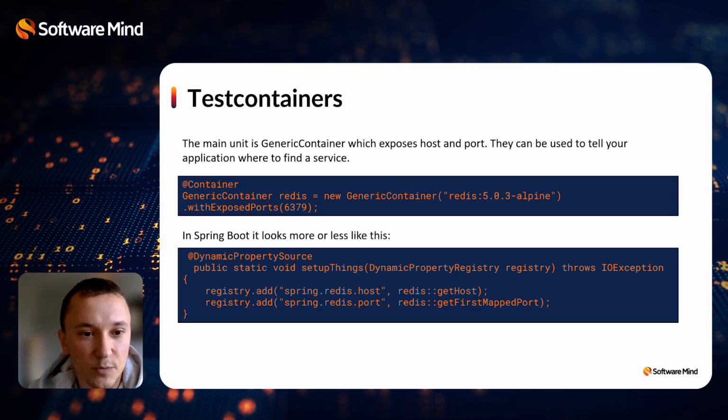And in Spring Boot, the whole configuration looks more or less like this. So we have a few lines of code, and our Redis is ready for the traffic. We can send data there, we can get the data from there, and so on. Just a few lines of code give us the possibility to test our application along with Redis.